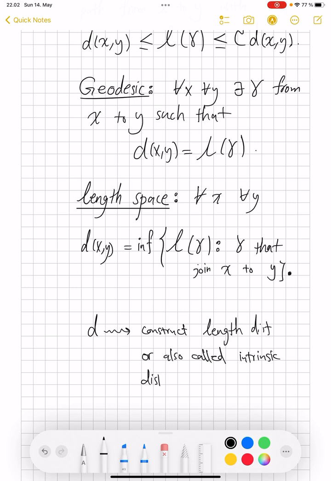So you measure the distance from within the space. In my Euclidean example, this would mean forgetting that you are sitting in the Euclidean world. The distance of these 2 points is the shortest distance with a path within this region that you can build. Once you switch from the original distance to this intrinsic distance, you immediately become a geodesic space.